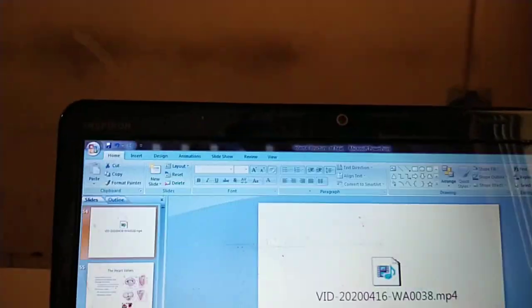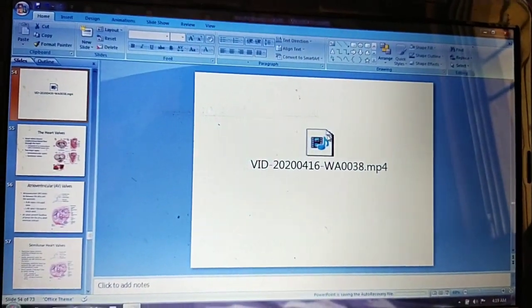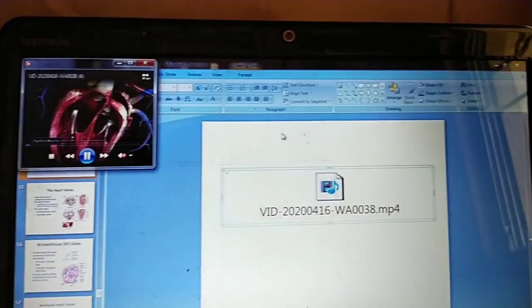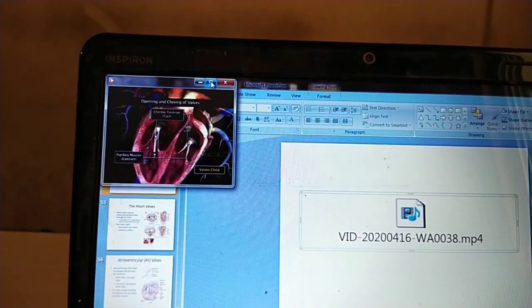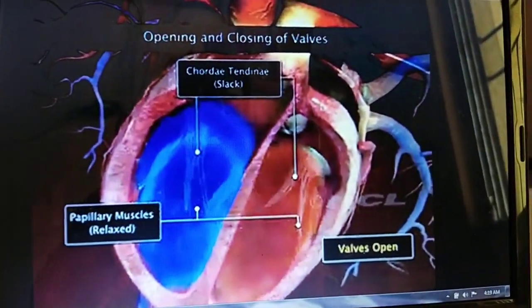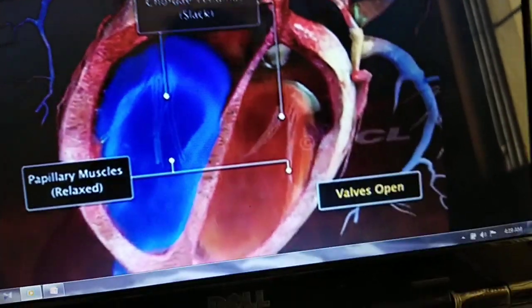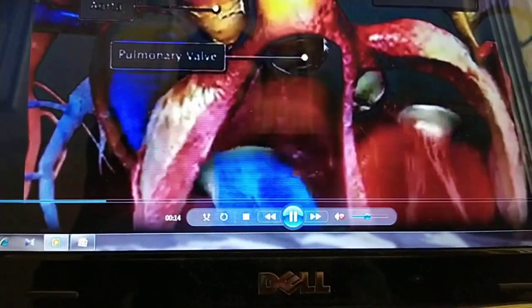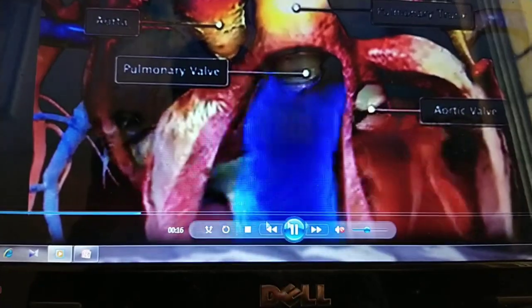You can go through one video in which we see how these valves work and how they are present. You can see here this is an atrioventricular valve, and these are chordae tendineae.